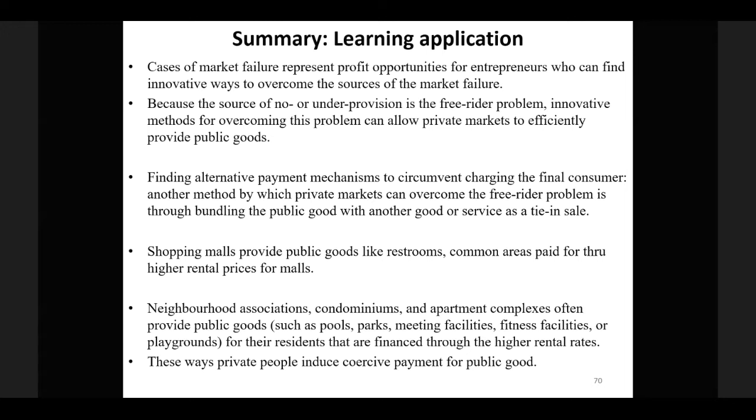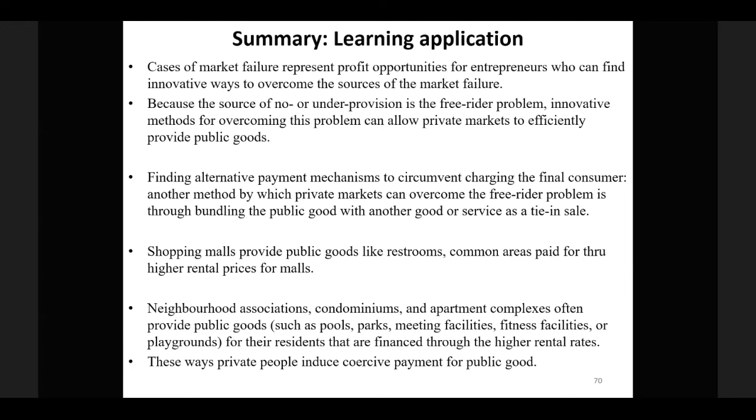And one way of doing that is what I've just told you in the last bullet of the previous slide, where they can sell adverts and be able to raise resources to pay for the radio broadcast, although it's a public good.